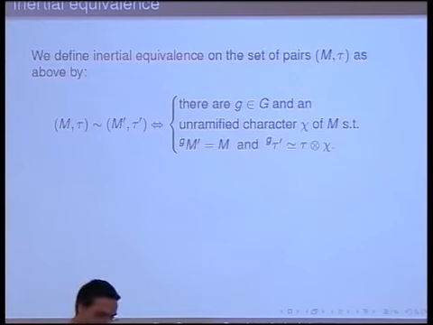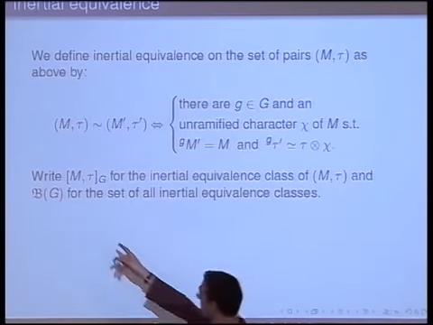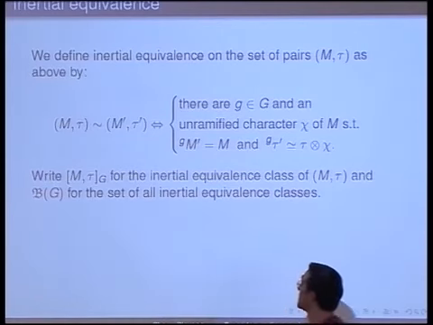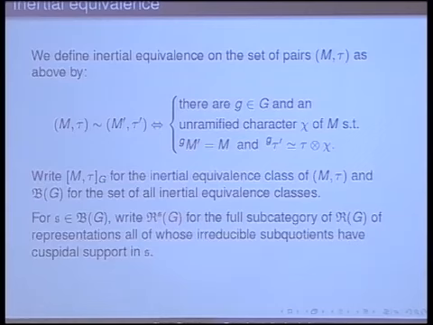And then it turns out that one can use this to decompose the category of representations. So here's [M, τ]_G to represent the inertial equivalence class, and B(G), which is called the Bernstein spectrum, for the set of all inertial equivalence classes. And then we use each inertial equivalence class to define a subcategory of our category of smooth representations.